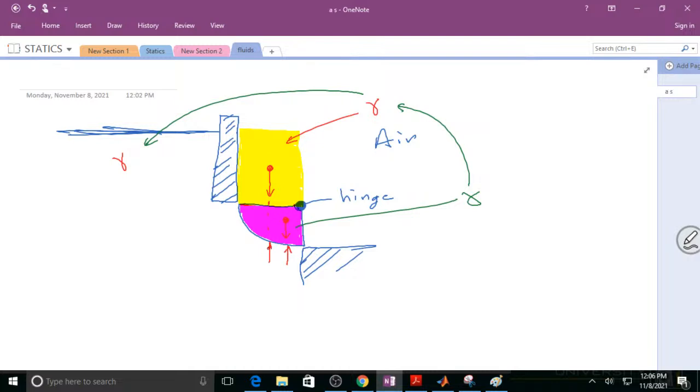Now, the other thing is this is a concrete structure, so it's not moving anywhere. So you've got a force distribution pushing here that doesn't do anything. It's just completely held by this structure.